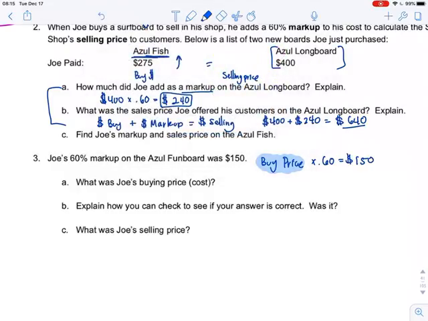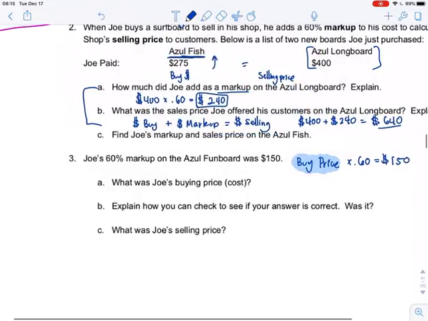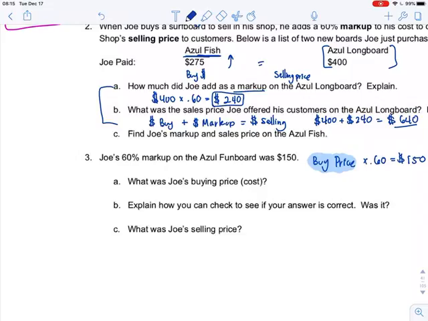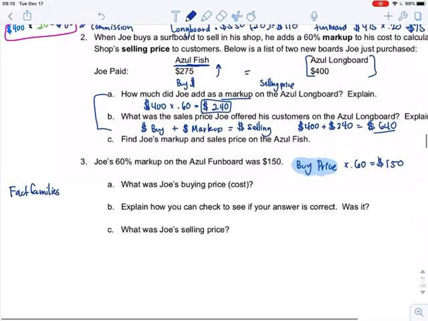We're going to use fact families again. We are using fact families a lot, or pretty much until forever in this class and next class and the year after. So you have to be able to do this in reverse. Here's my markup, $150, and I'm going to divide it by the 60%.